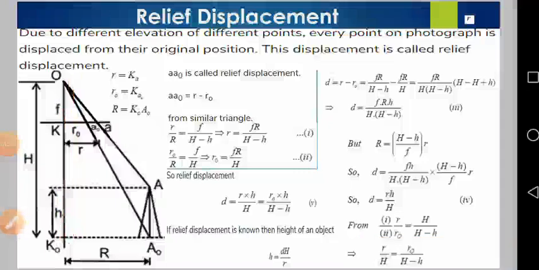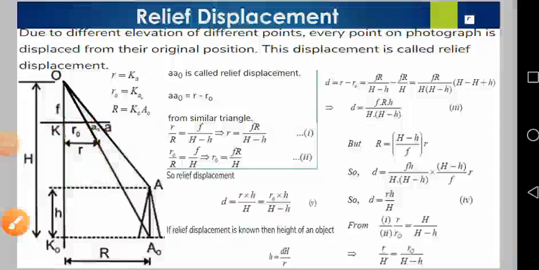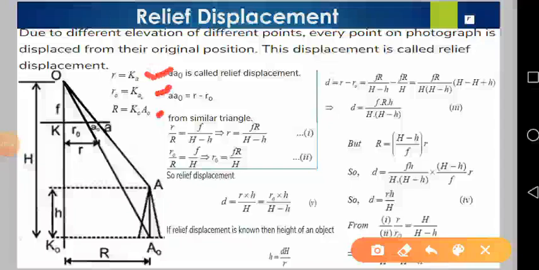Now, in order to find the relief displacement, let the distance from the principal point k to a naught be r naught, and the distance ka be r.